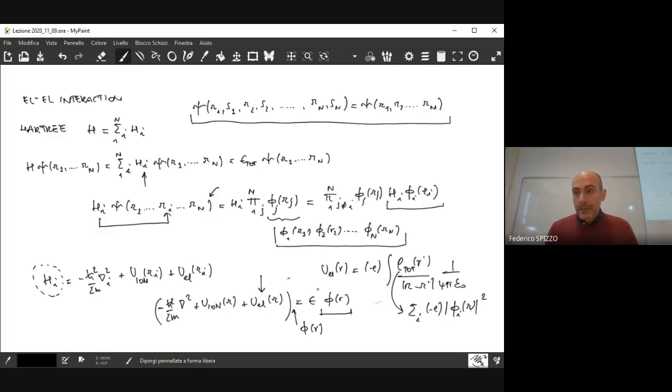And compared to the value of the energy that we had in the independent electron approximation, we will have a new value for the energy corresponding to a one electron level.